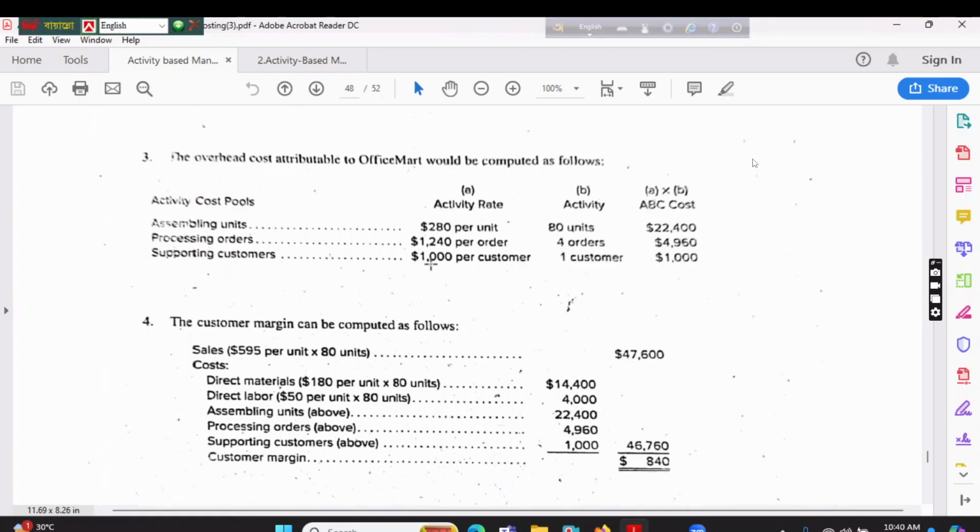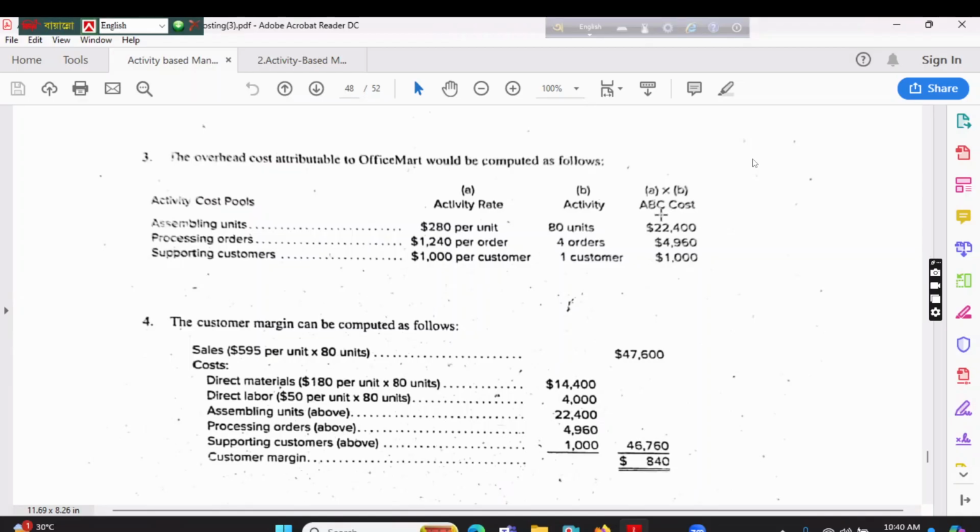4 orders are supporting customers. We support Office Mart, a single customer. So here the activity is 80 units assembled, 4 orders processed, 1 customer supported. ABC cost, that means activity based costing overhead cost.